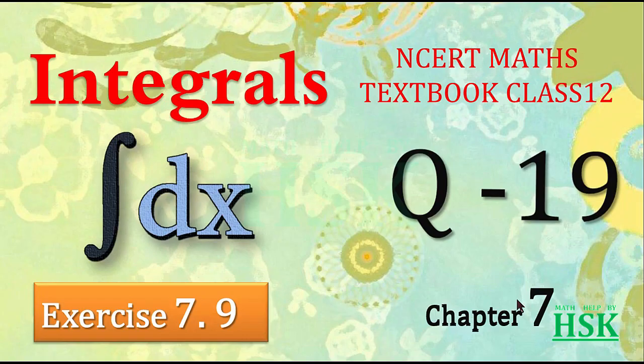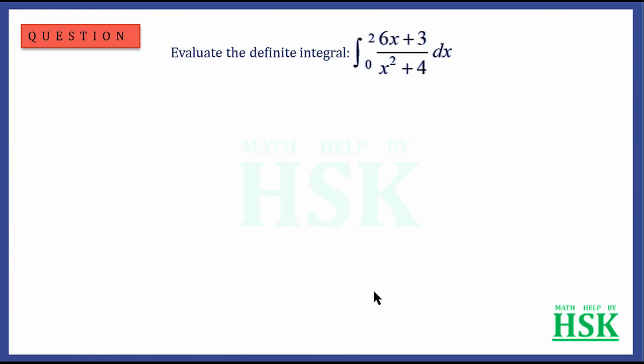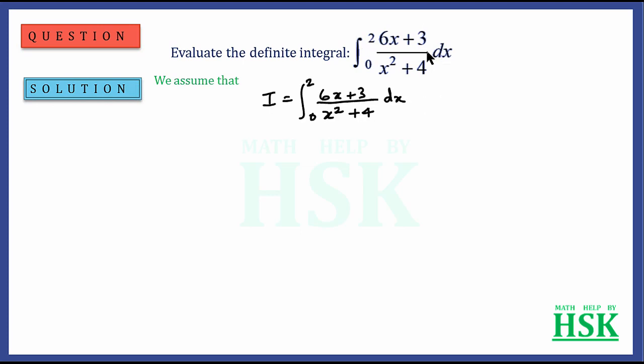Now taking question number 19 of exercise 7.9, we have to evaluate this definite integral, the integration of (6x plus 3) upon (x square plus 4) dx from the limit 0 to 2. Now to solve this question, first of all we assume that the given definite integral is equal to I and f(x) is equal to the same integral without limits.